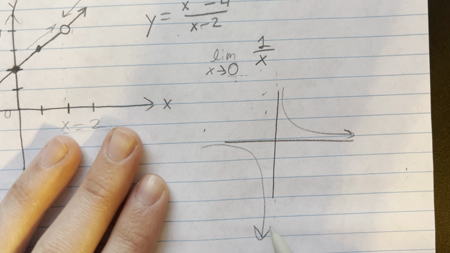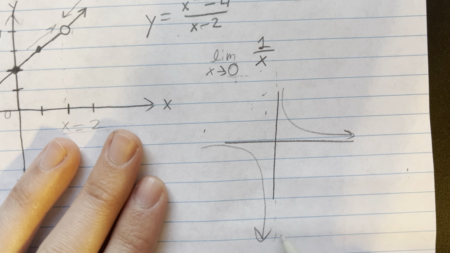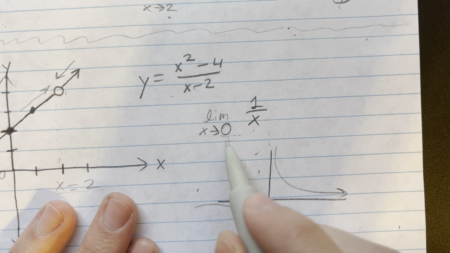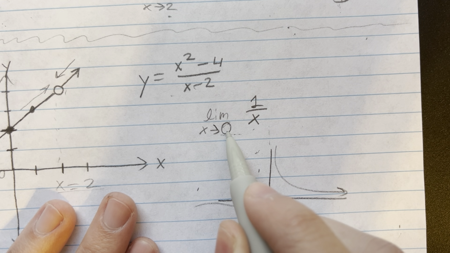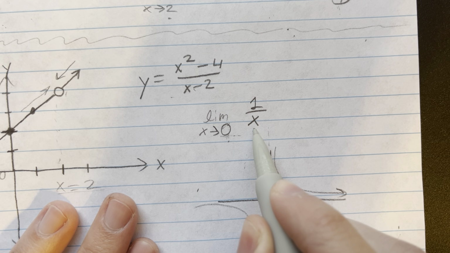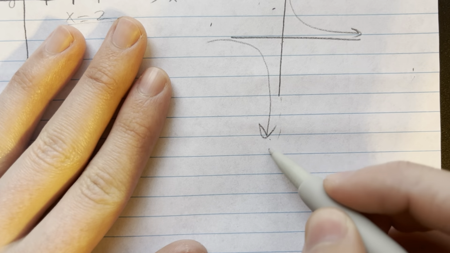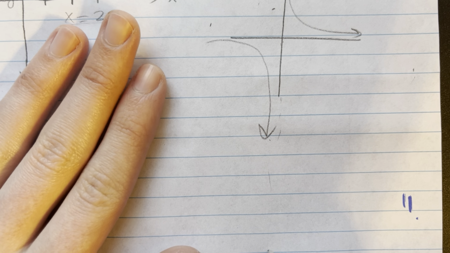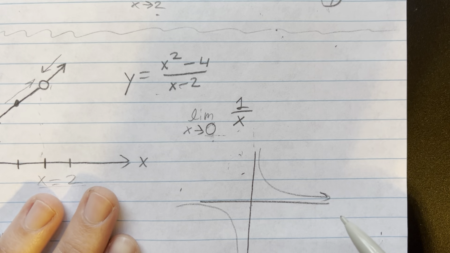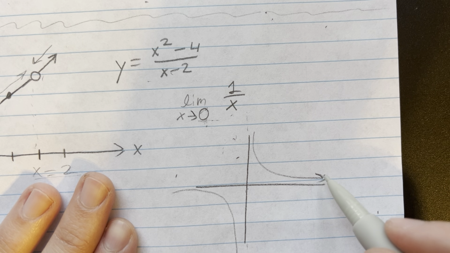Now, as we approach 0 from the left side, we are plugging in very, very small but negative numbers for x in our limit evaluation. And so as that negative number gets smaller and smaller, we're going to approach negative infinity. And from the right side, same thing is going to happen.